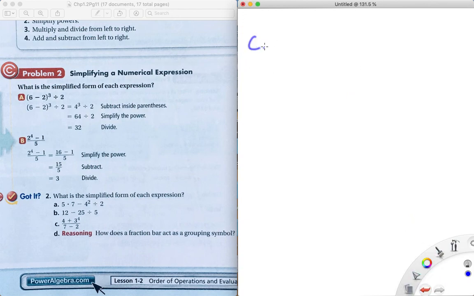C. We have 4 plus 3 to the 4th over 7 minus 2. So when you have fractions like this, it's a little bit different. We still get to do the power first.